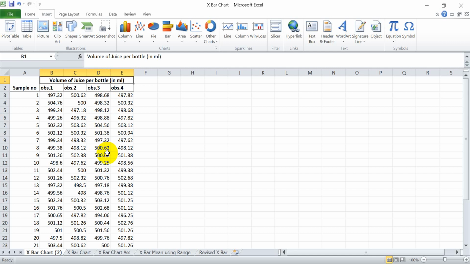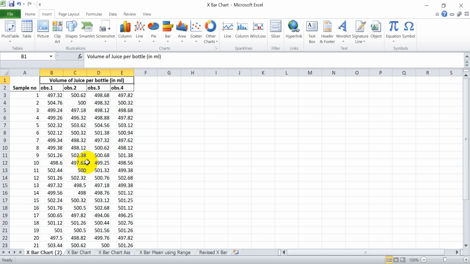So let's start with this. The quality control inspector of the company needs to develop an X bar chart to check whether the process of bottling is under control or out of control, when the process variability is known. So in this case we know the process variability. Therefore we have to construct the control chart for the mean using the data given in this table.